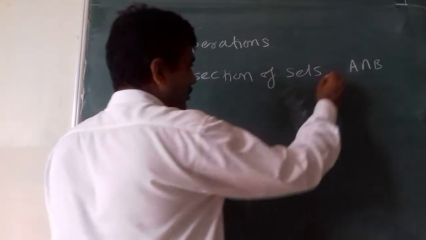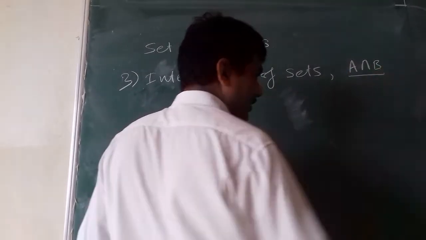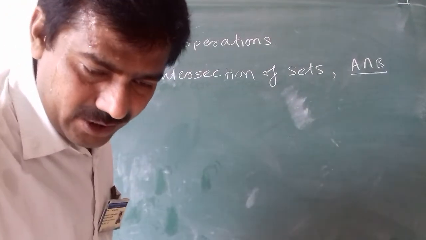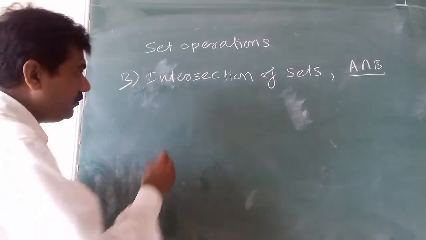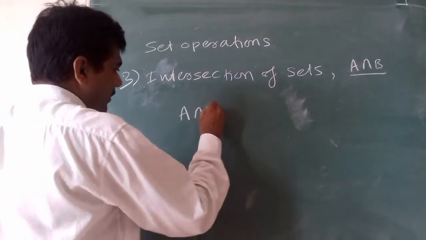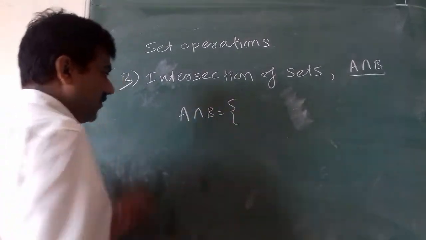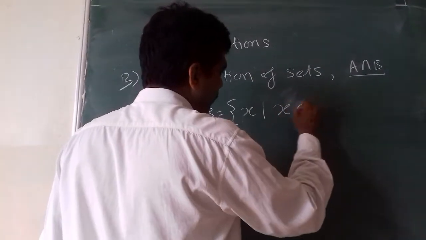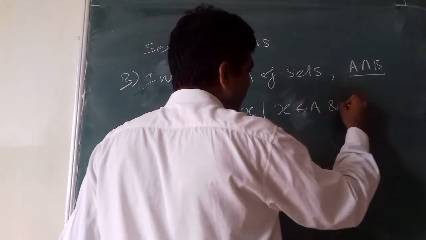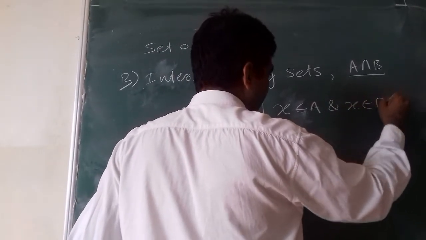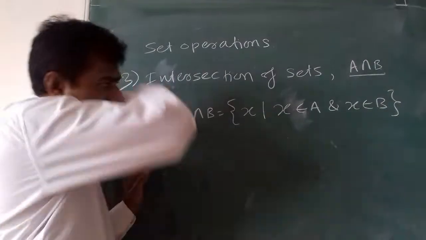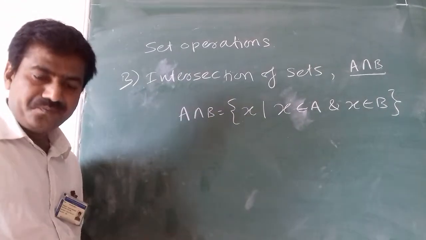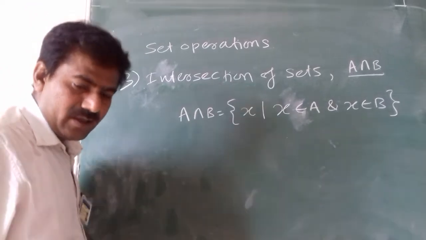Then their intersection is denoted by A intersection B, and it is defined as the set which contains the elements x such that x belongs to capital A and x belongs to capital B, that is, it belongs to both of the sets. Okay, so we'll see the example.